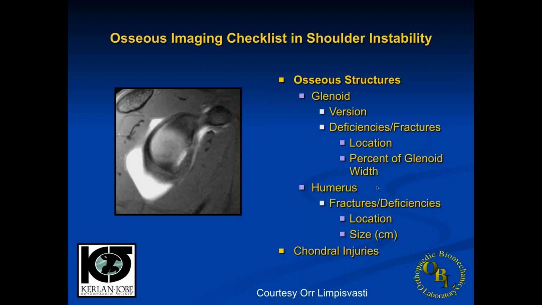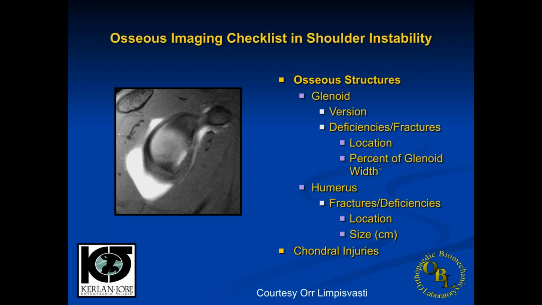When you do an MR scan in someone who has a dislocation, especially if it's recent or the first one, you look for a number of things with the glenoid structure. You look at the glenoid to see whether you have abnormal version, whether you have a congenital problem. You look for fractures, and typically the fractures on the glenoid would be the anterior-inferior glenoid, or what we call Bankart fractures.